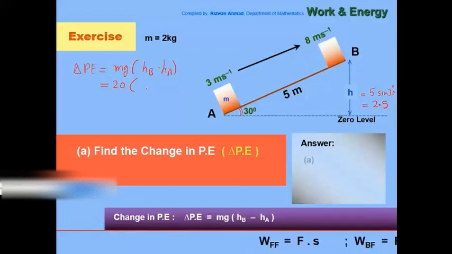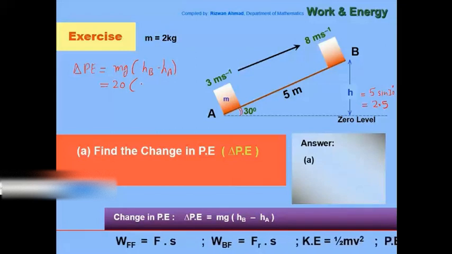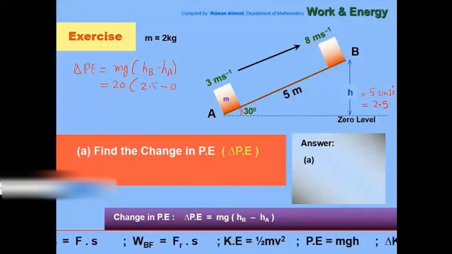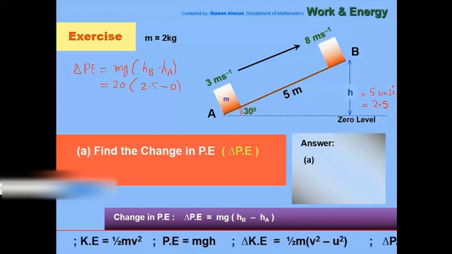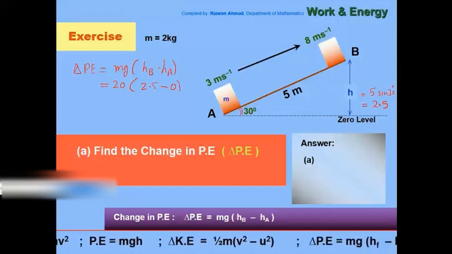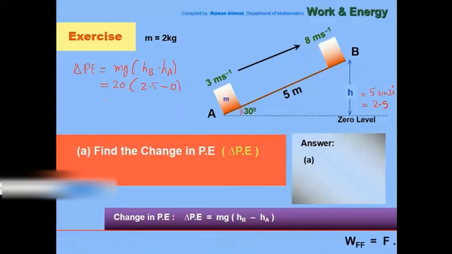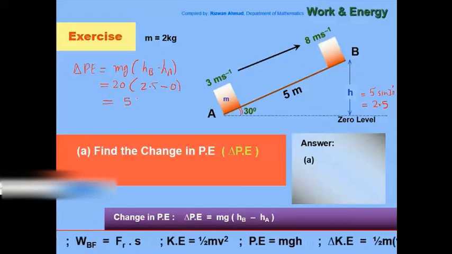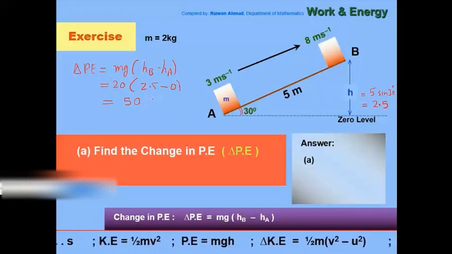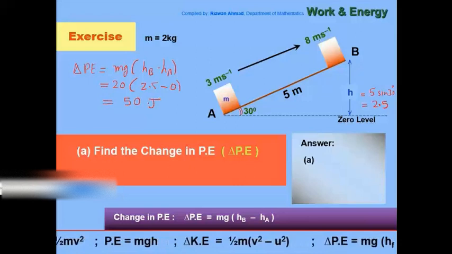Okay. So h of B is 2.5 minus h of A is 0. So here we have taken this as a 0 level, the point A. This is the lowest position in the question. So it means that the final answer will be 20 times 2.5. So what will be 20 times 2.5? 50? Yes, sir. 50, so joule is the unit.